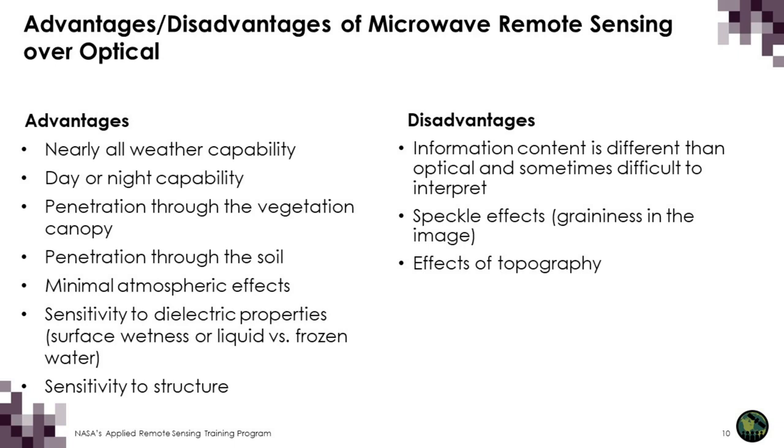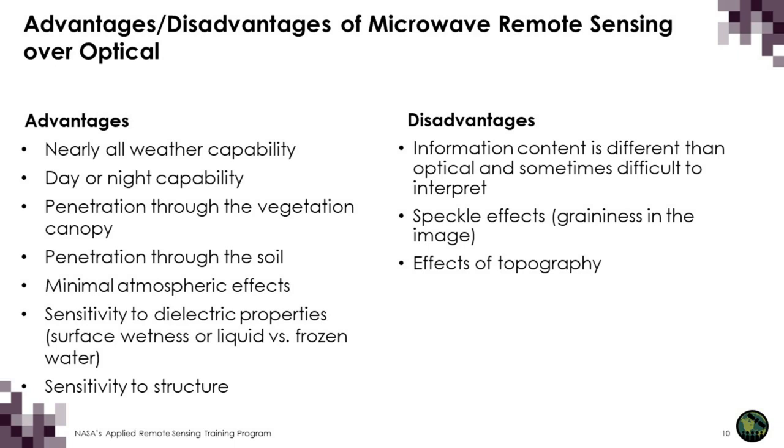There are minimal atmospheric effects on SAR images, so you don't have to do an atmospheric correction as you would on optical images. Basically, radar is sensitive to surface structure and the water content in the land surface, so the dielectric properties of the land surface.